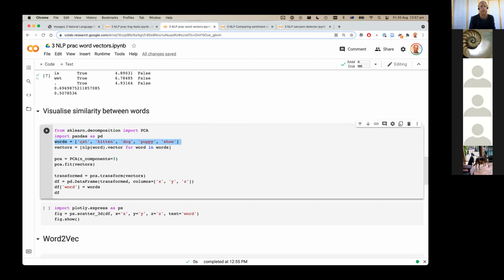Rather than starting with a sentence, we'll just have a list of words, and we're going to get the vectors for these words. So we'll be getting vector information for each of the words in this list. We'll collapse that down to our 3 axes, and then we'll represent these in a data frame. So let's look at that first, and then we'll plot those in a visualization.